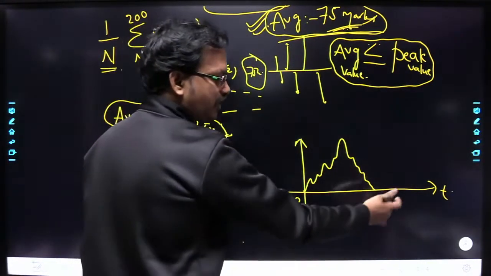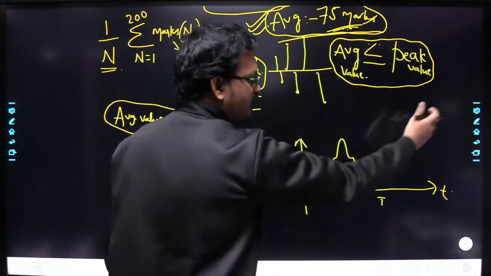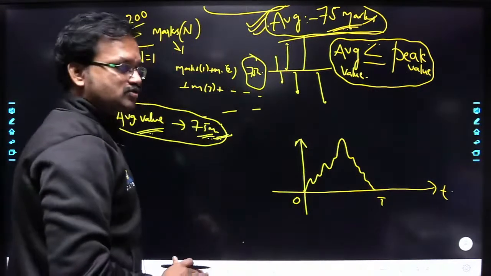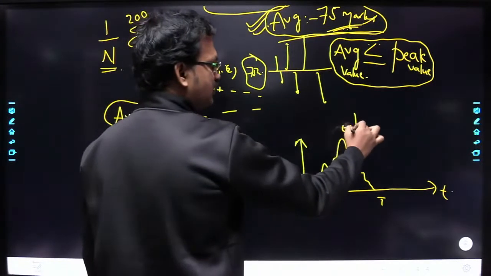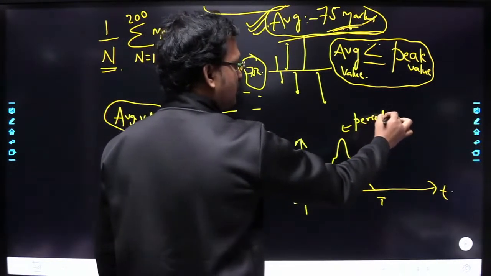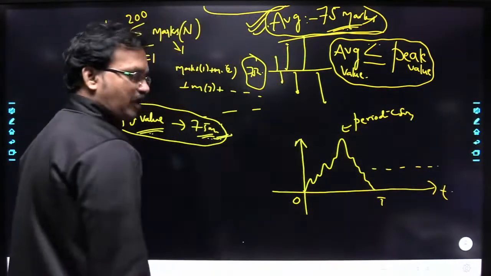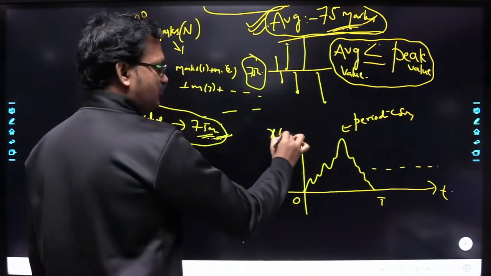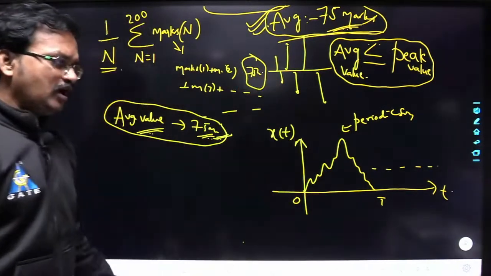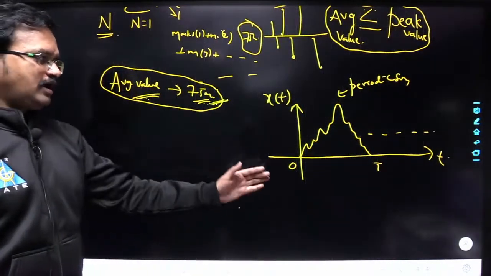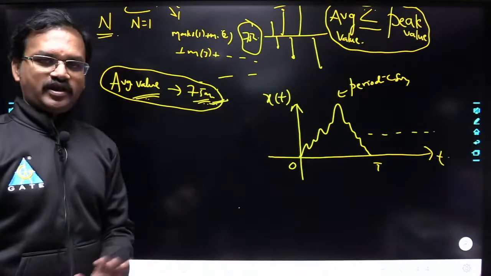The same is going to get repeated for the next period, and it continues. It is going to continue for the next intervals of time also. Let us assume this is x of t. Now I want to calculate the average value of this periodic signal.